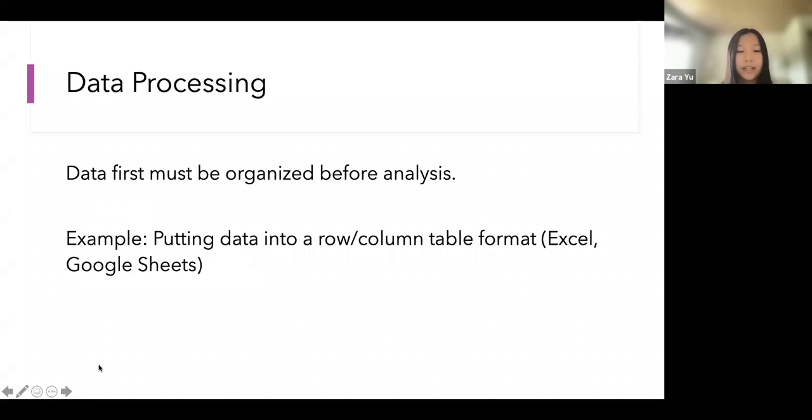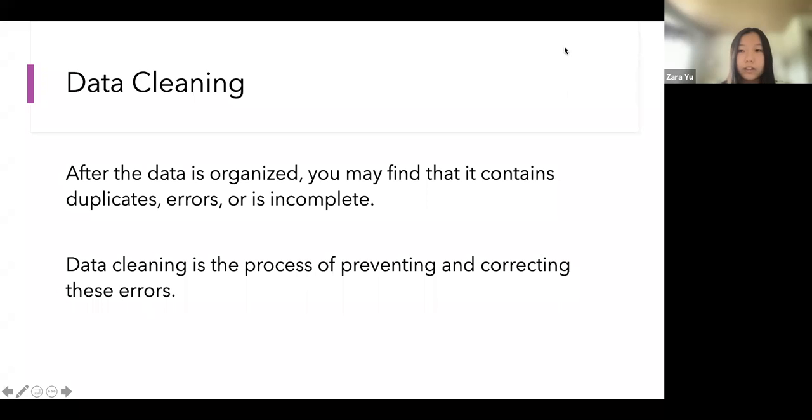The next thing is data processing. Data has to be organized before analysis. Many data analysts use things like Excel or Google Sheets for quantitative kinds of data. They'll list the numbers in each row and column, or you could also put qualitative data in it. It depends, but this is what most people use. Then there's also data cleaning. After your data is organized, you can find that it has duplicates, it has errors, or it's incomplete.